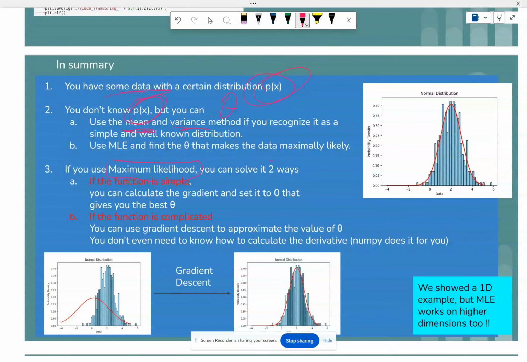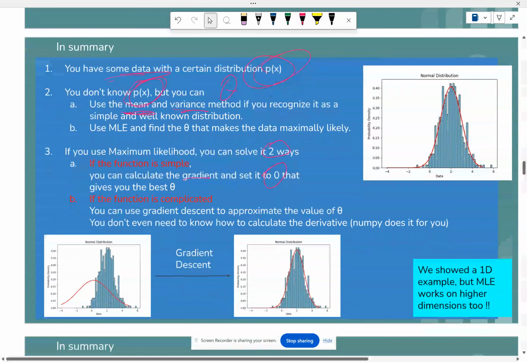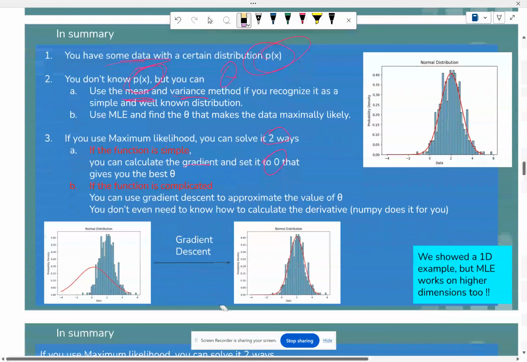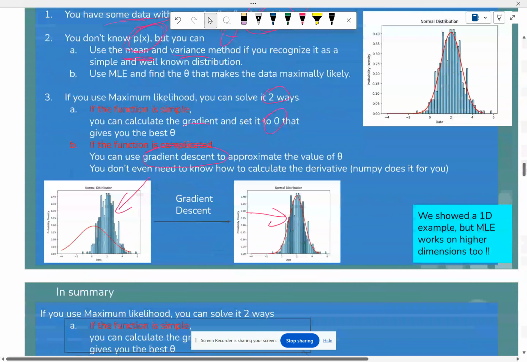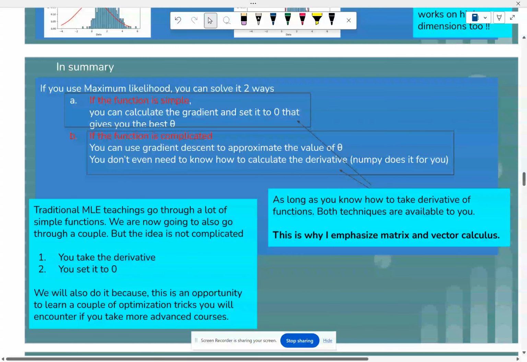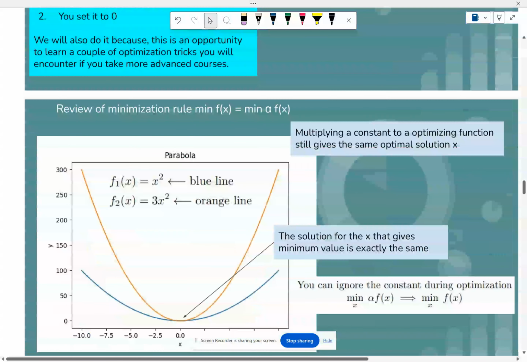And you can solve it two ways. One is if the function is really simple, then you can take the gradient and set it to zero. But if the function is complicated, then you have to use gradient descent, as I just showed you, so that you eventually reach a really good solution.